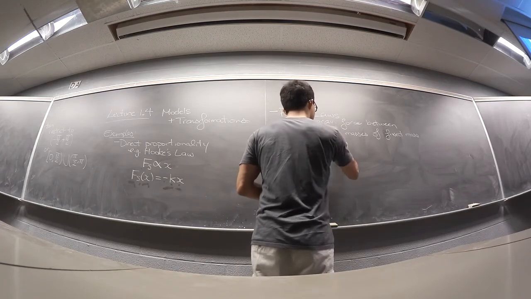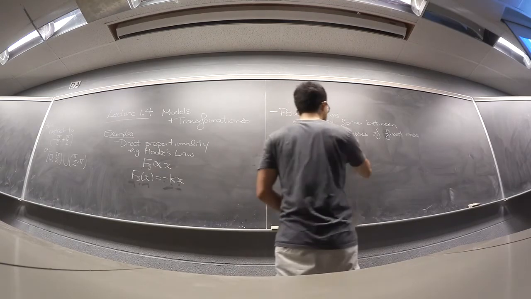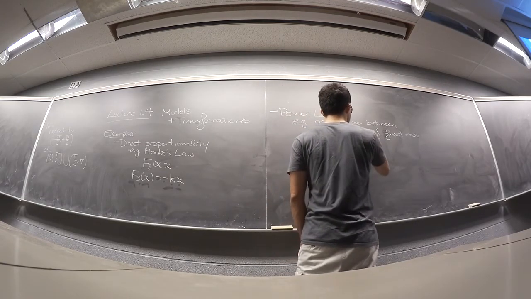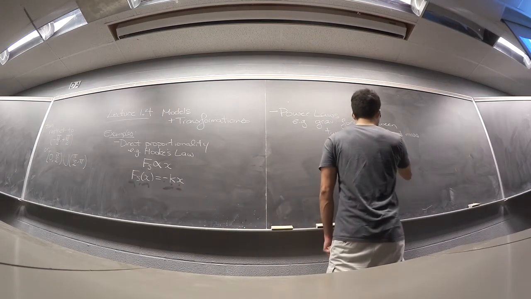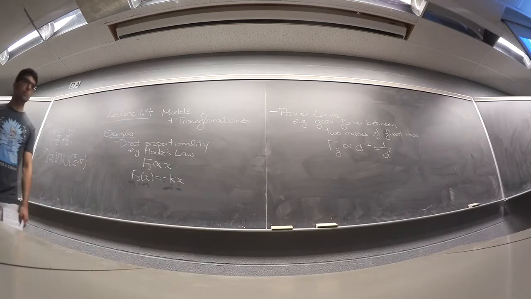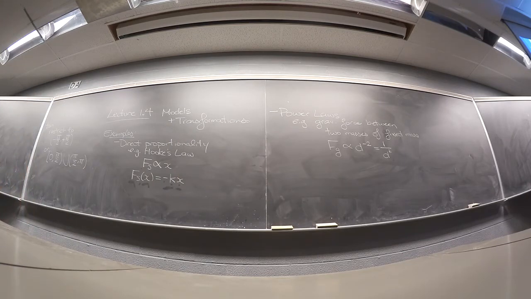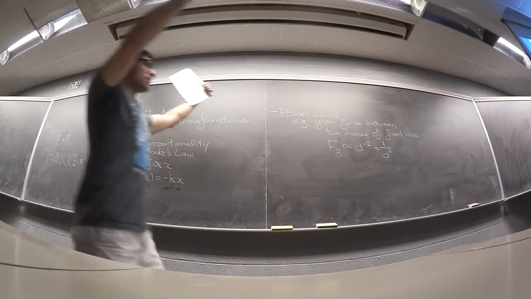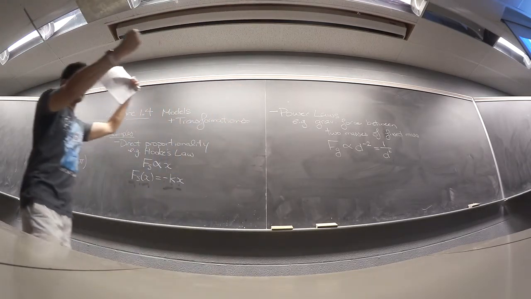So what's the deal here? The magnitude of the force is proportional to the inverse square of the separating distance. This is familiar-ish. Okay, you got two masses, point masses. The masses don't change. They're a distance d apart.